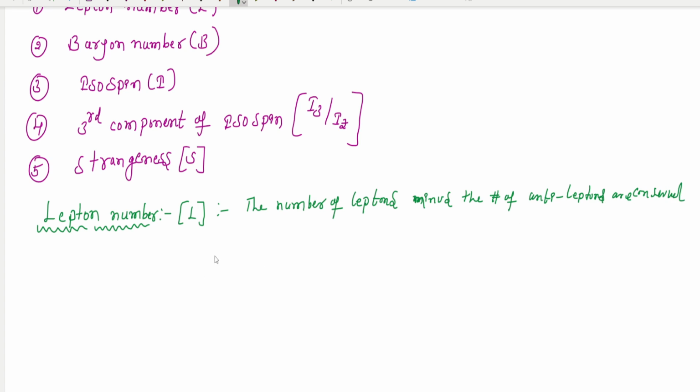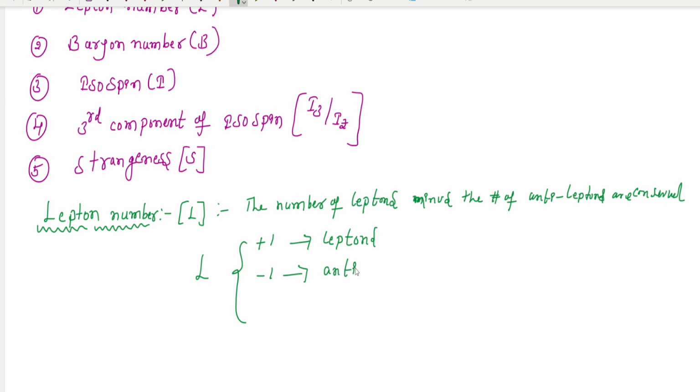The normal leptons are classified, and their antiparticles are also there. The antiparticle lepton number is -1. The general lepton number is +1. Their antiparticles have lepton number -1.